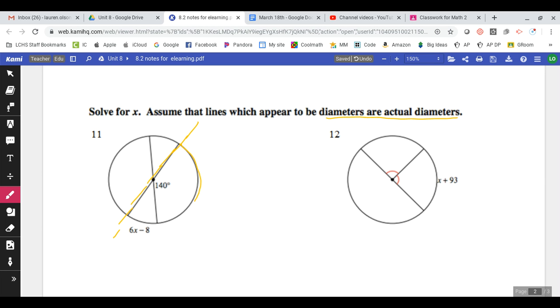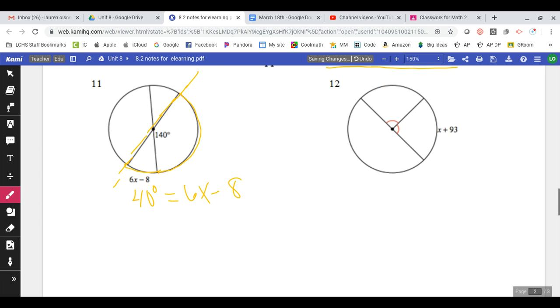So if I have 140 degrees here, then this piece must equal 40 degrees. So if I set that equal to 6x minus 8, then I can just solve that little equation that I wrote. And I end up with 48 equals 6x. I will divide and say that x equals 8.